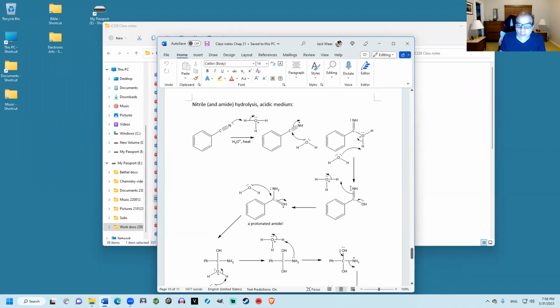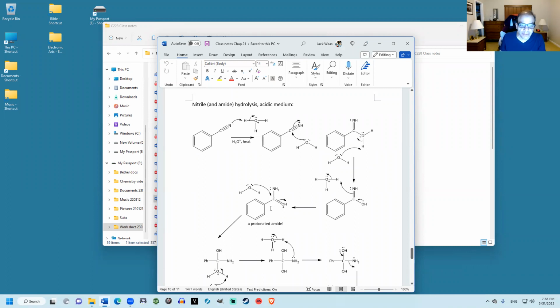Then we need to get another proton onto the nitrogen because we need to lose the nitrogen as a molecule of ammonia. So this arrow means that the electrons on the oxygen are coming in to form a carbon-oxygen double bond. And we break the carbon-nitrogen double bond and use those electrons remaining attached to nitrogen in order to pull a proton off of H3O+.